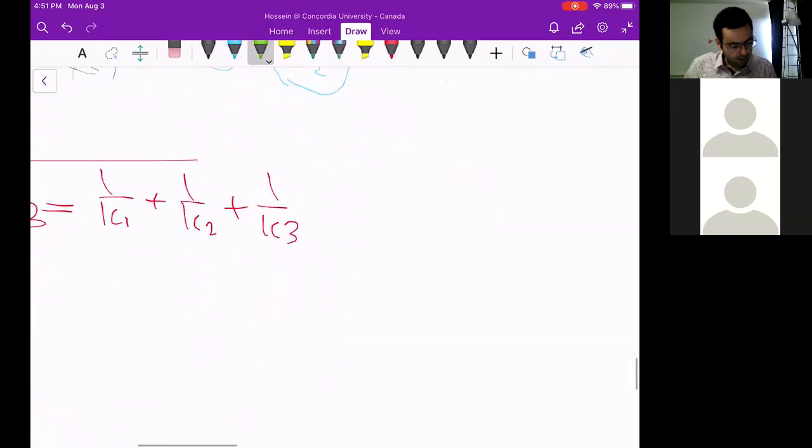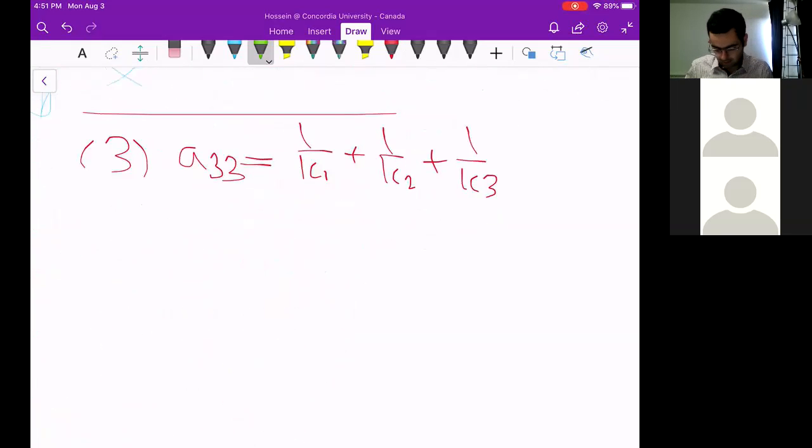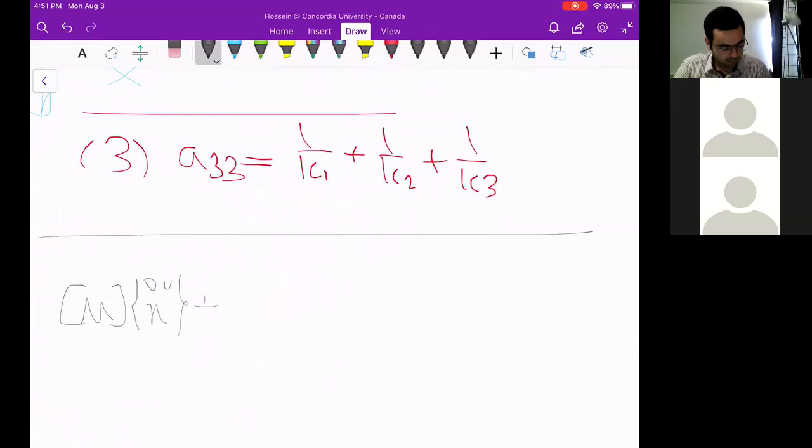At the end, you can also say that M x double dot plus K x is going to be 0, external force.